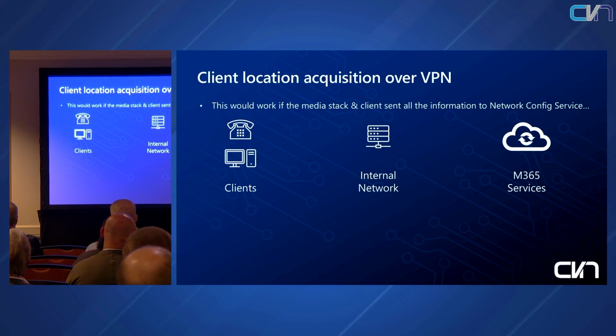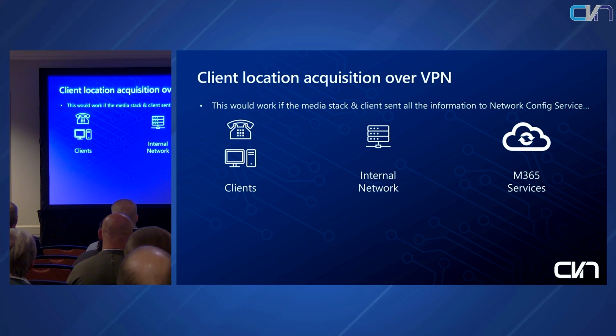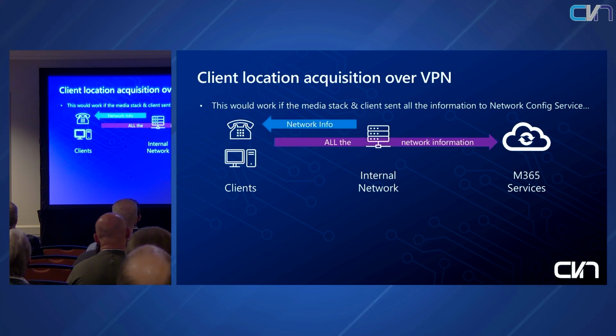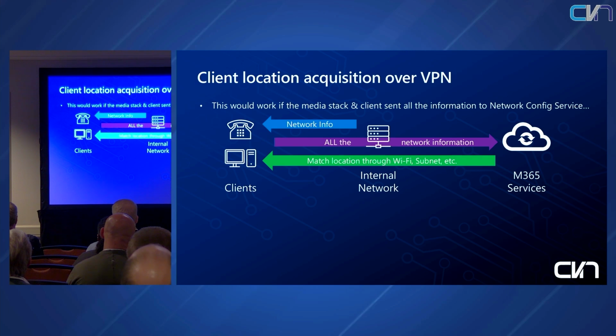And so what we need to have happen here is the media stack collects all the information about what's happening within the corporate network, and then sends not just some of the network information, but all of the network information up to NCS. And then at that point, NCS can reply back with an appropriate match.